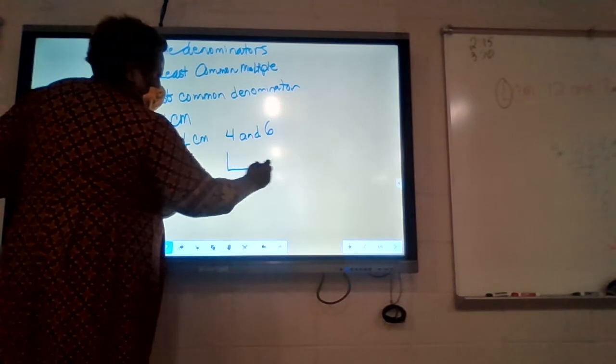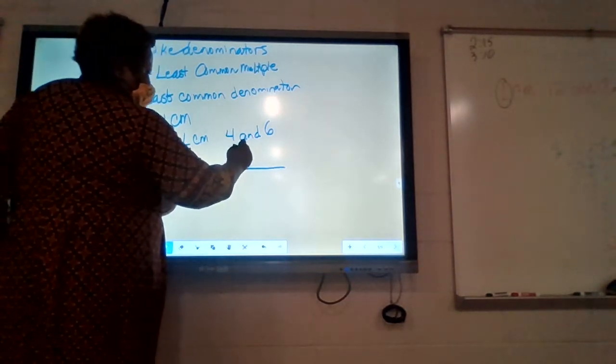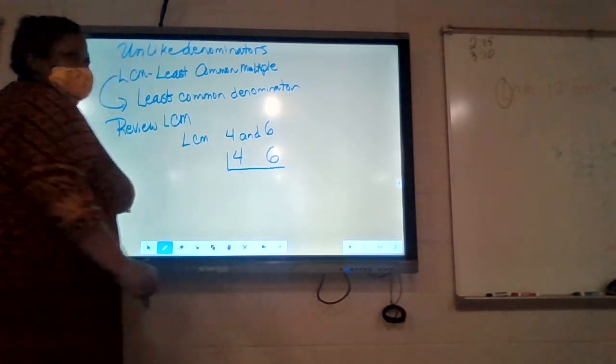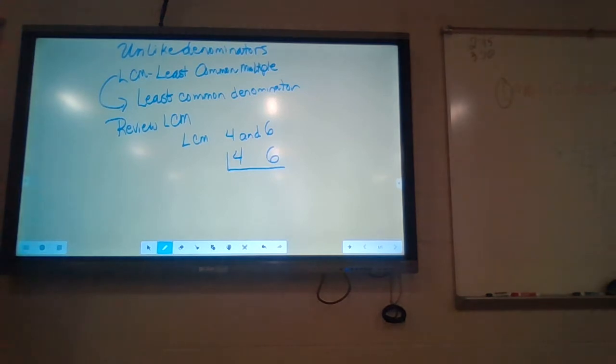Remember our birthday cake, upside down cake? We put 4 and 6. Is it coming back to you? I'm slowing down. I feel myself going too fast. I had to put on the mental brakes and say, stop in the name of math so we can take our notes.